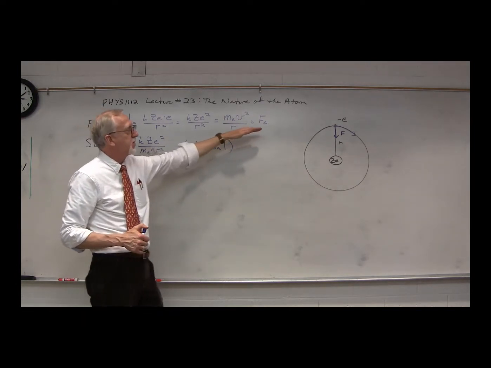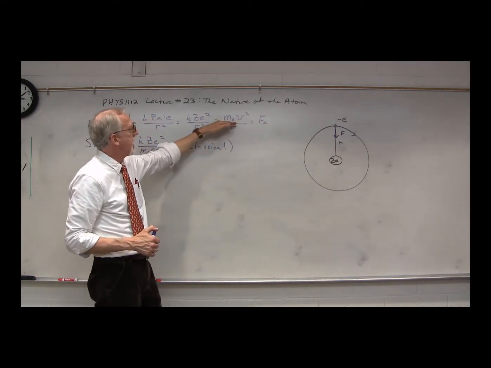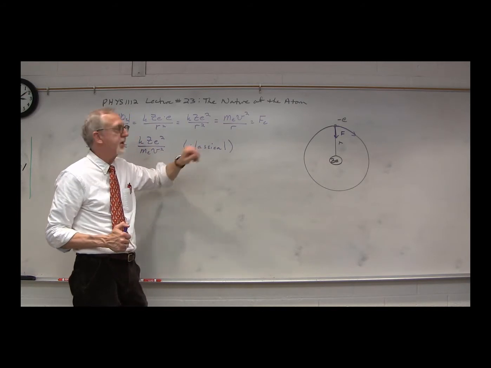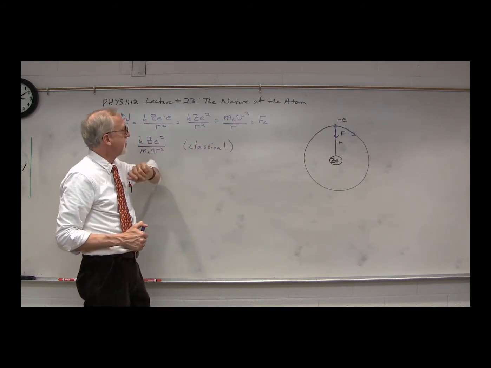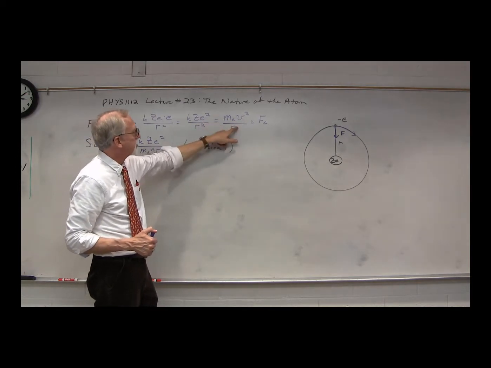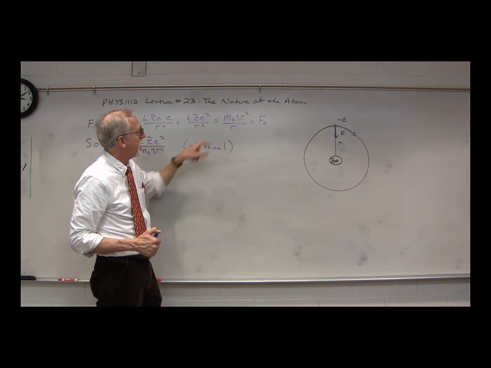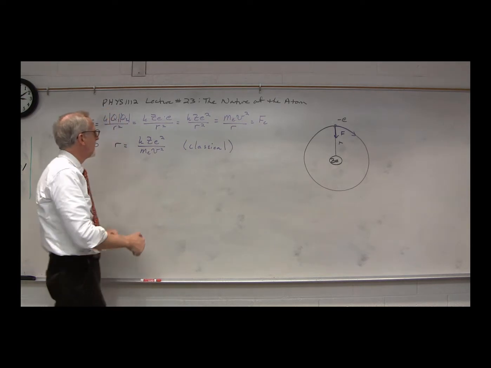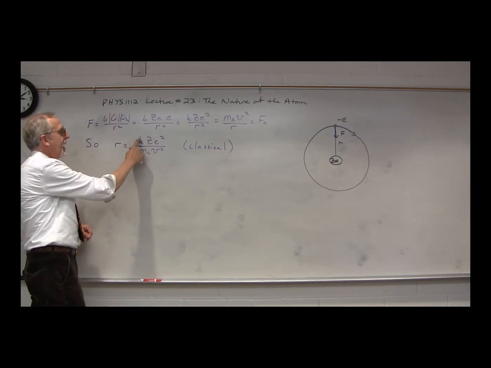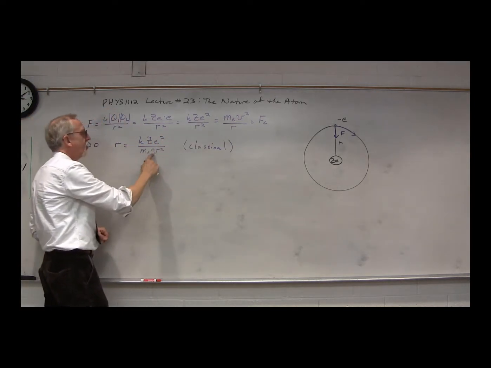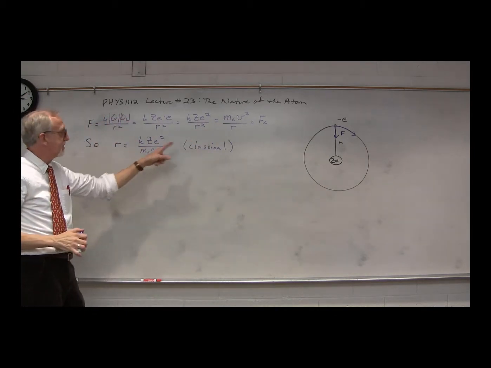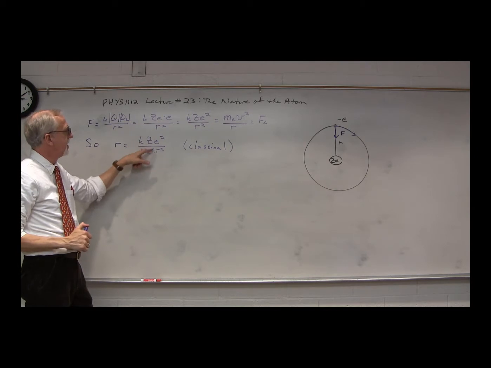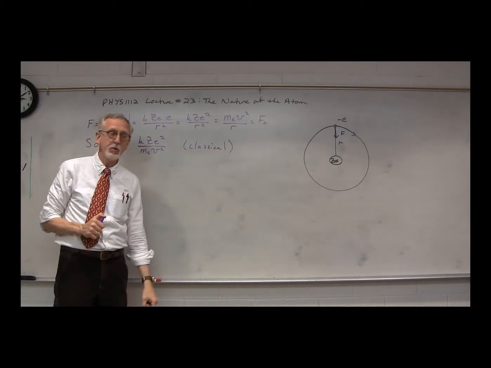Now that must equal the centripetal force, which is m v squared over r for the electron, where m here is the mass of the electron. Solving for r, we'll multiply by r squared, that will cancel one of the r's, divide by m_e v squared, and we get that r is kZe squared over m_e v squared. That is the radius of the orbit in terms of these quantities dealing with the motion.